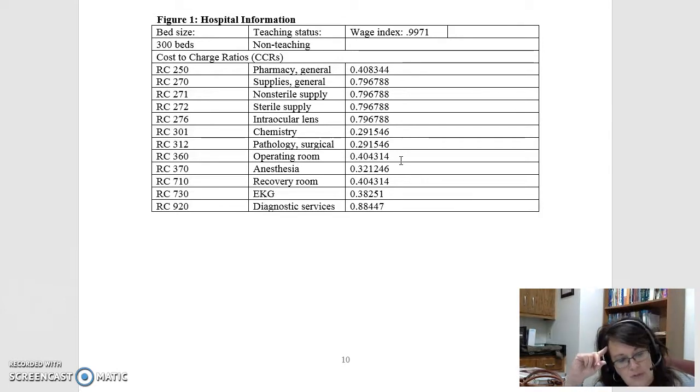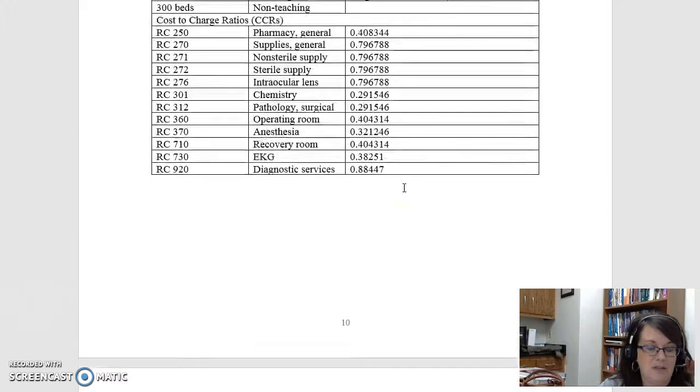If I look at table 2, I want the APC relative weights times the conversion factor. This is all secondary procedures. So I go back and look at revenue codes 312, 730, and 920. There should be 3 codes that you use to fill out table 2.